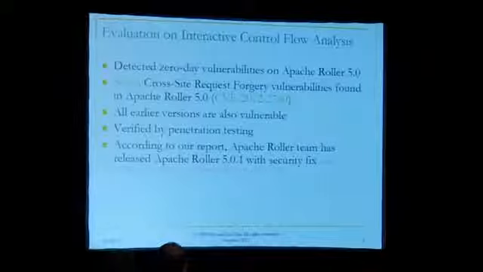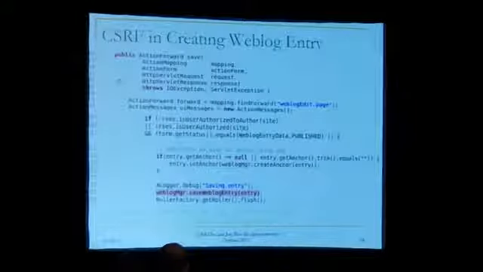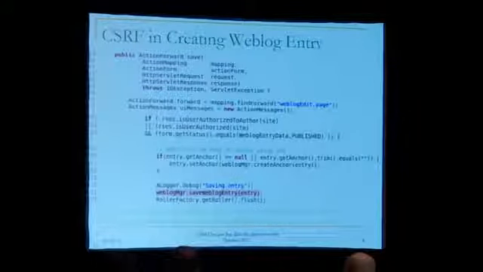So in our mind, that is at least preliminary proof that this is basically not rocket science. When you're writing code, the tool says, hey, where is your CSRF protection? We think that people know what to do, but they just forgot for whatever reason. So here is an example. This is actual code. This weblog save web entry is when Roller commits the web entry into the database.